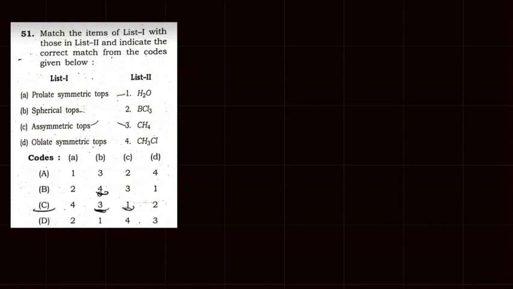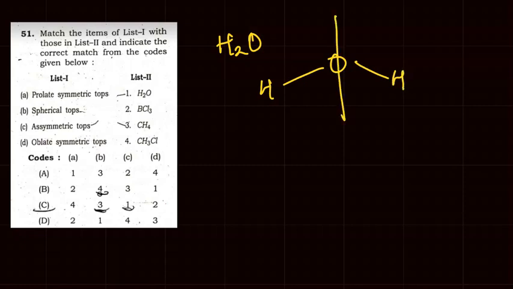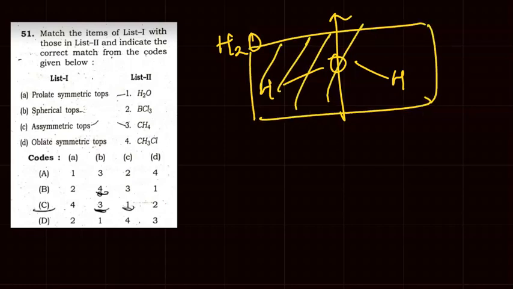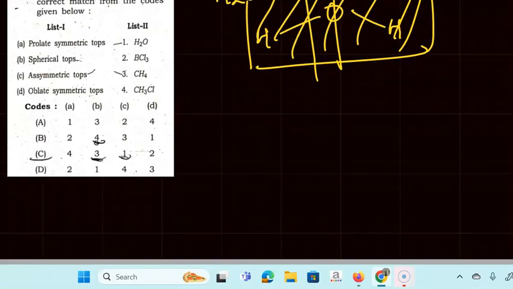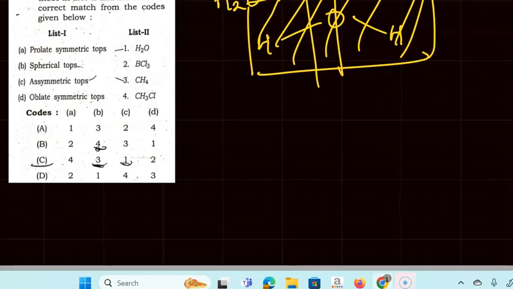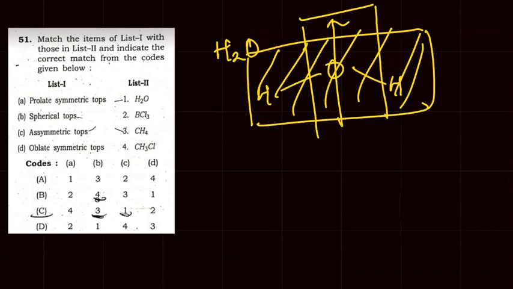Okay, so if we talk about H2O, when we find the point group of the H2O molecule, here we will see that one C2 axis will pass through, okay, then we will have sigma V plane in this way and another sigma V plane will pass through this oxygen.